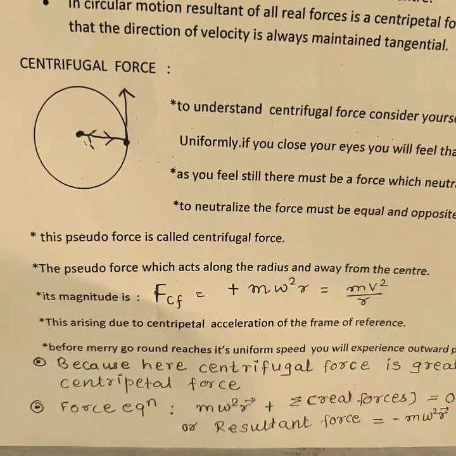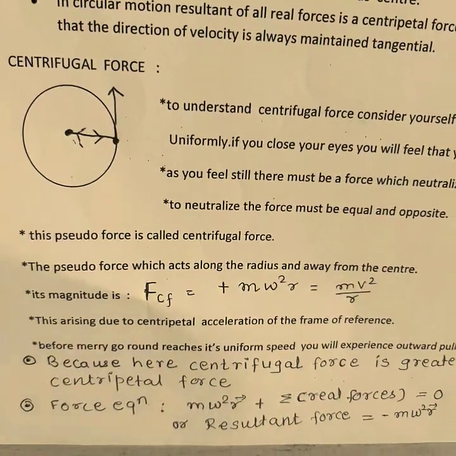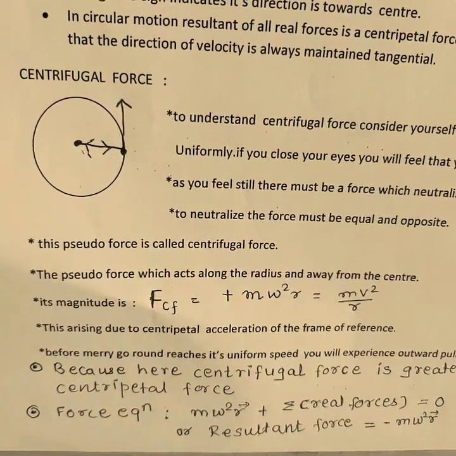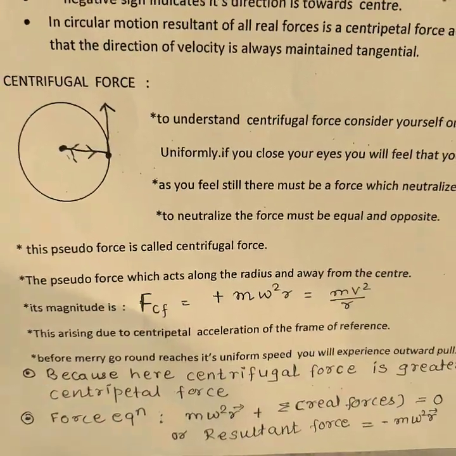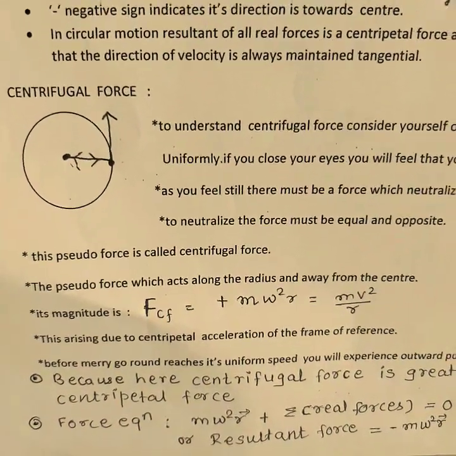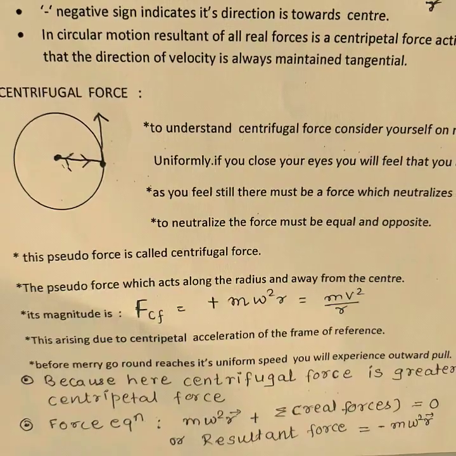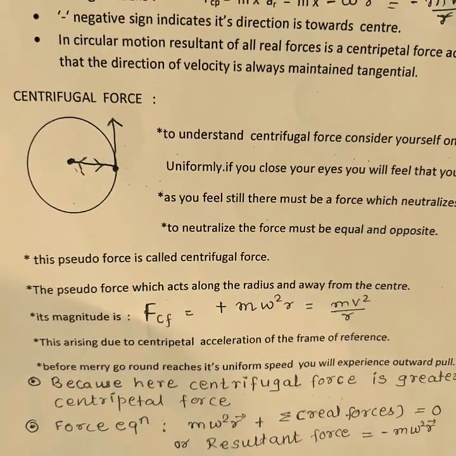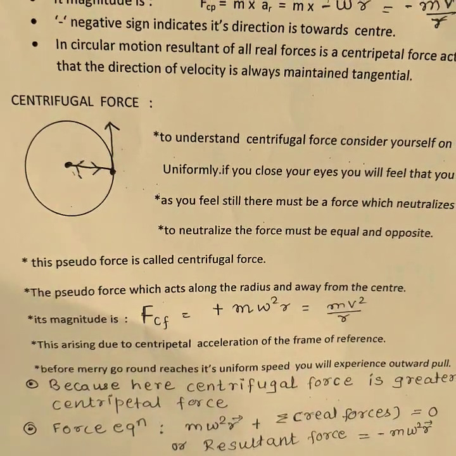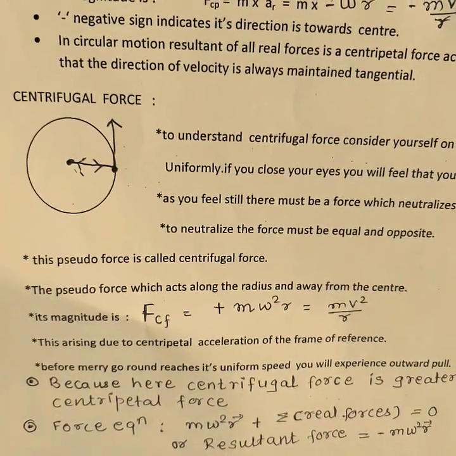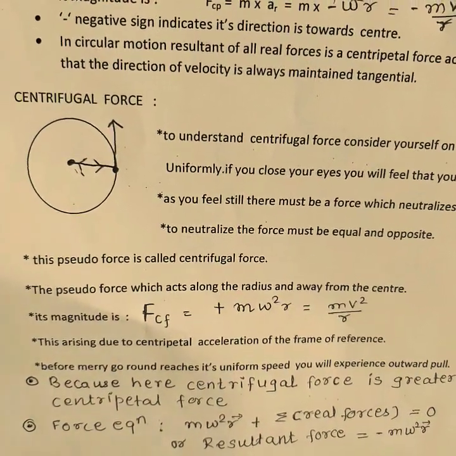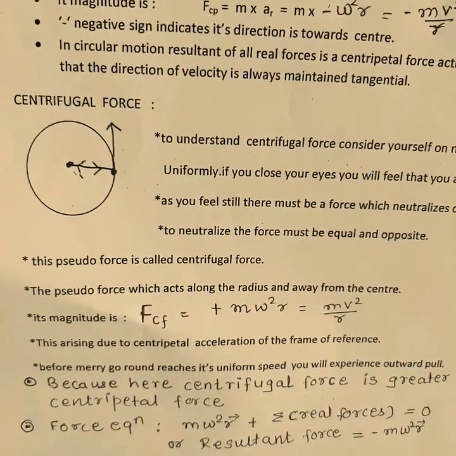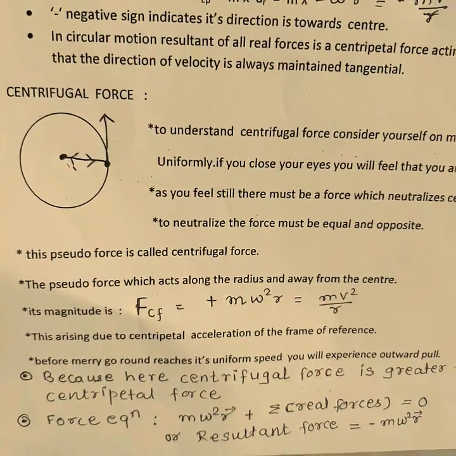But before the merry-go-round reaches its uniform speed, you will also experience an outward pull. When there is acceleration, that is, when it is not at uniform speed, from zero to reaching uniform speed, at that time initially you will experience the outward pull.